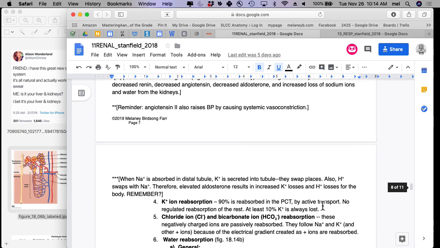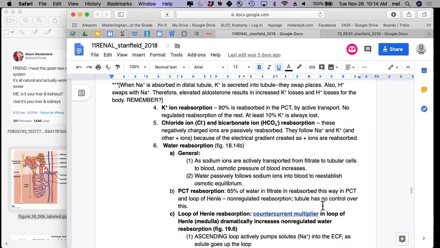Okay. So the only other thing that I want to reinforce before we go any further is that when you use aldosterone, and we talked about this last time, you reabsorb sodium at the expense of either potassium or H+, right?